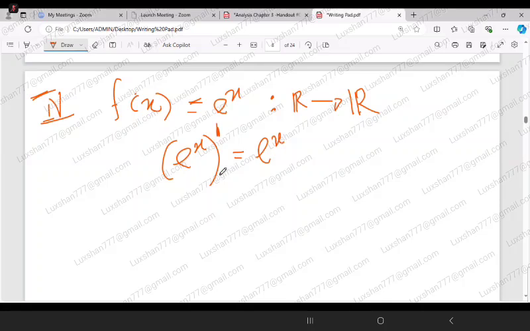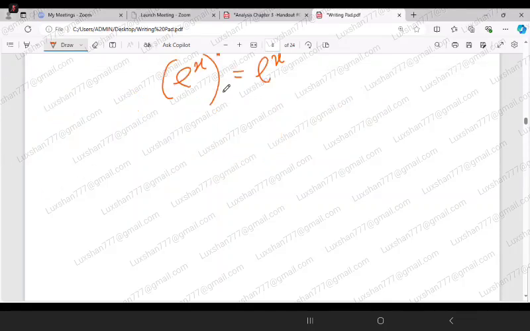But this time, what we are having is an exponential function. So having an exponential function in our expression is difficult for us to simplify. Therefore, we have to use some other method. So let's consider this one.